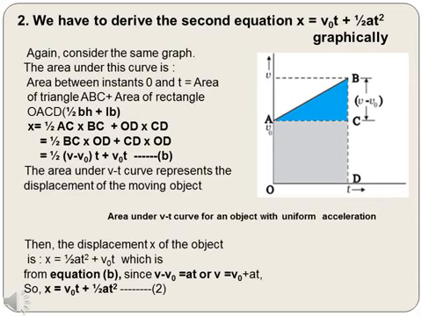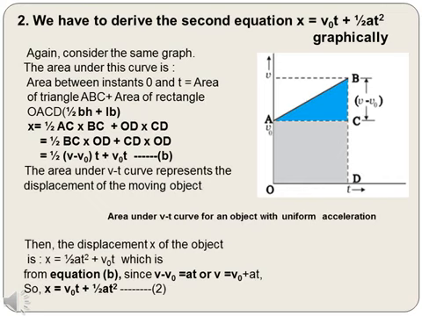The area under the velocity-time graph represents the displacement of the moving object. Then the displacement traveled by the body x is equal to 1 by 2 at square plus v0t, which is obtained from equation B, since v minus v0 is equal to at, or v is equal to v0 plus at, which we already derived as the first kinematic equation.